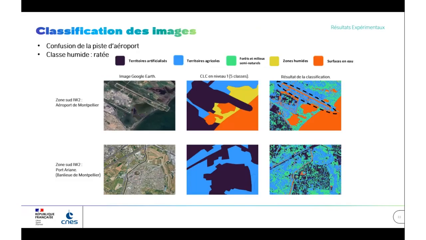If you remember what I said a few slides ago, when a radar signal comes into contact with a very smooth surface, it's going to bounce right away back into space. In that sense, physically, the runway is not too different from the water. So it's not surprising that this algorithm confuses them. It's because it has no notion of the context of the pixel, which would be extremely helpful to distinguish these two classes.